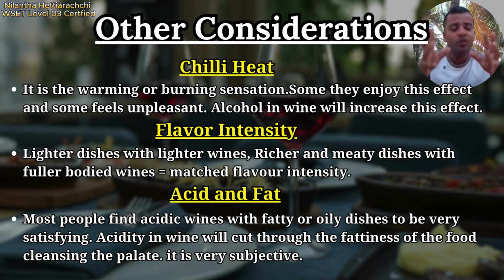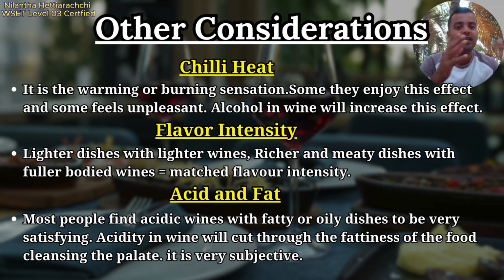So this is pretty much all we need to know about food and wine pairing principles, the main components that we need to consider when trying pairings. And most of the time, the questions for the Level 2 qualification exam can come from the four components that we covered in the previous slide: sweetness, umami, acid and salt.